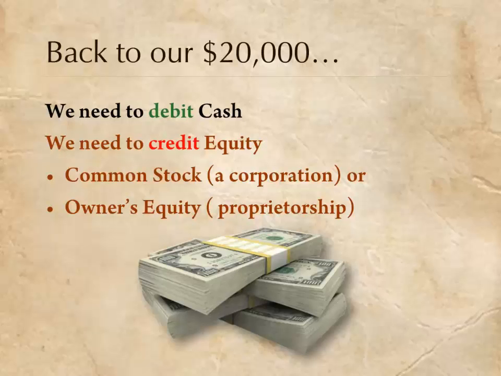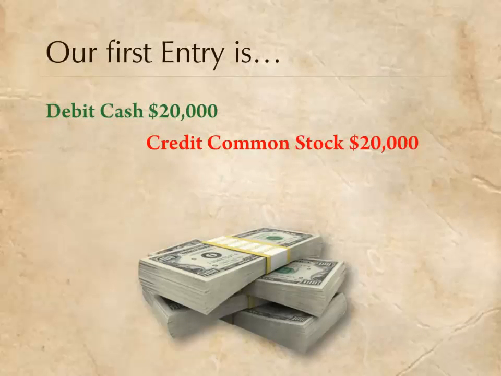Equity is the amount a business owes to its stockholders or its owners. So we have $20,000 to account for. Our entry is to debit cash for $20,000 because we added $20,000 in cash, and we will credit common stock for $20,000. Debits equal credits, so our transaction is balanced.